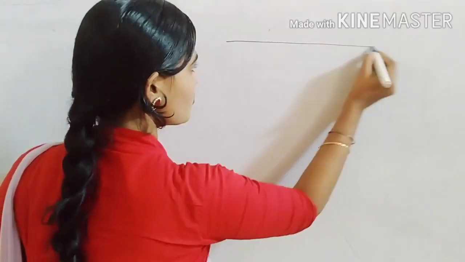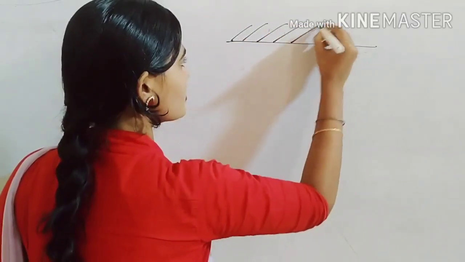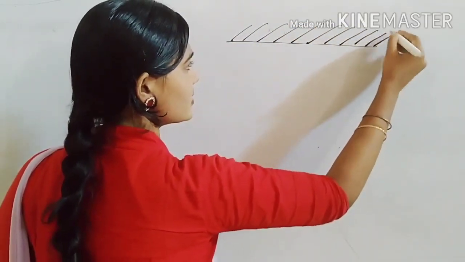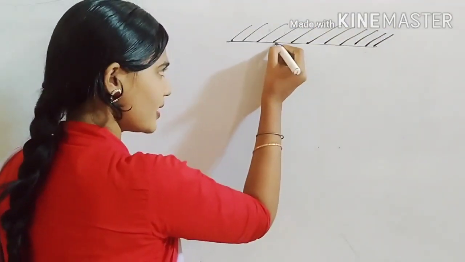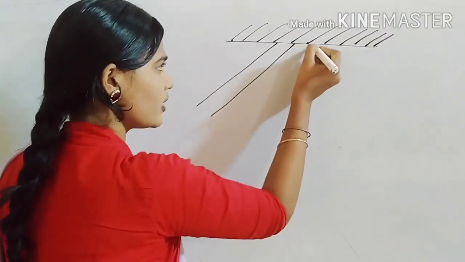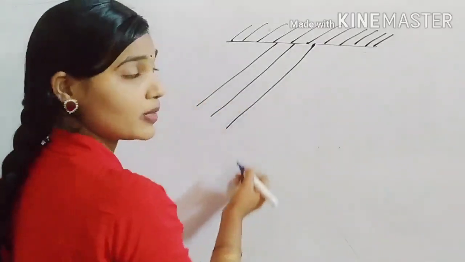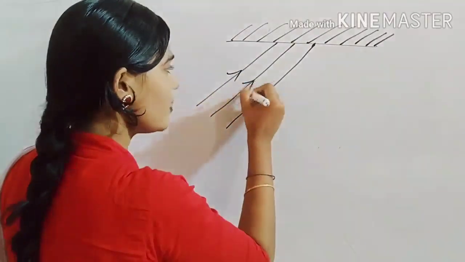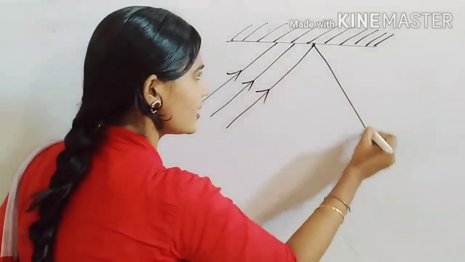What is regular reflection? When light rays fall on a smooth surface, they get reflected in a particular direction. When a ray of light falls on a reflecting surface, it gets reflected in a particular direction.